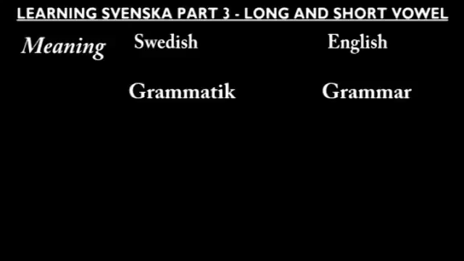Grammatik. The first A is followed by two M, so that vowel is of course short. Grammatik. Now, the second A is also short, and this is a phenomenon I stumbled over as I was writing the script for this episode.